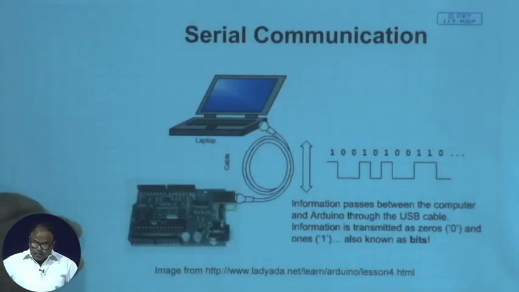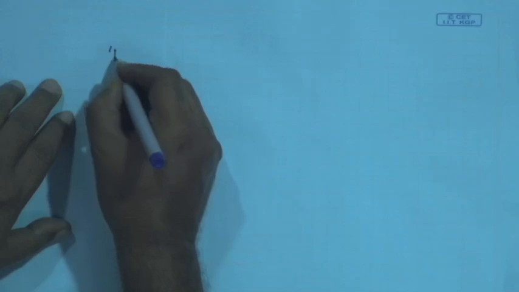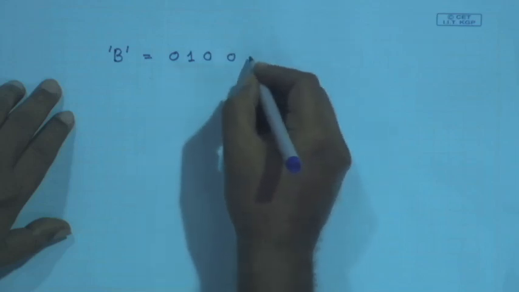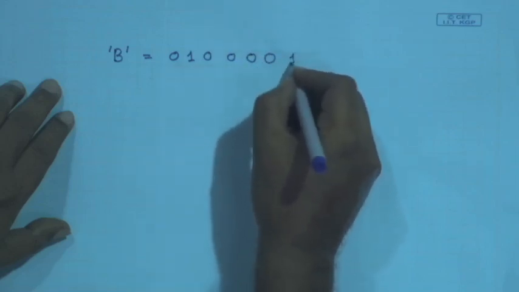Now, if we look at a single ASCII code, say of B, and I am sending that as 0 1 0 0 0 0 1 0.